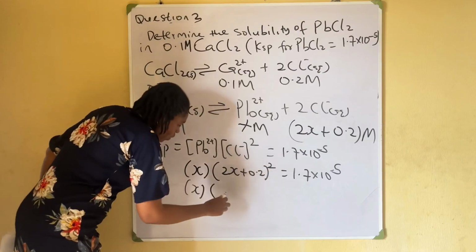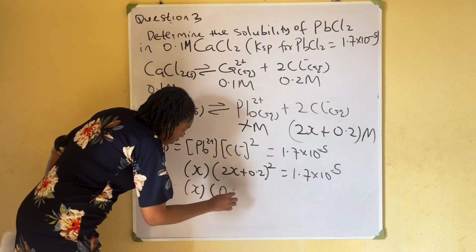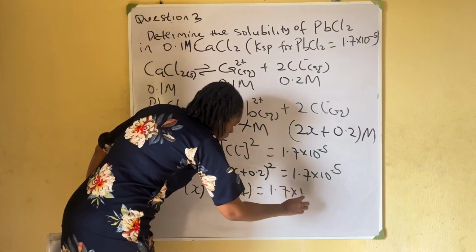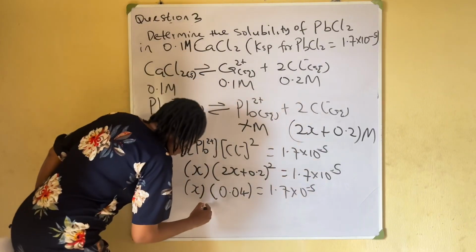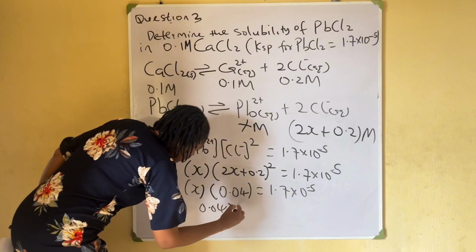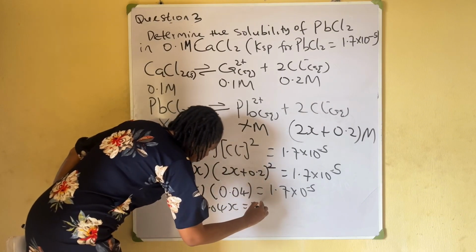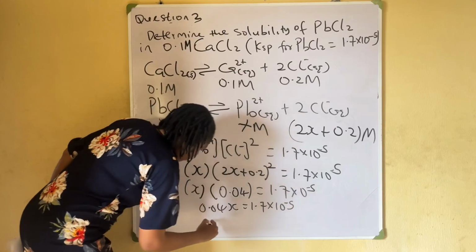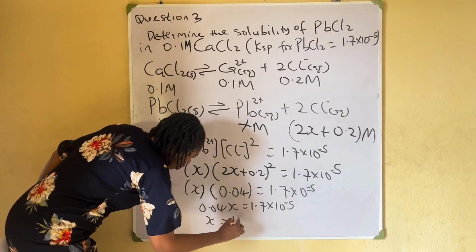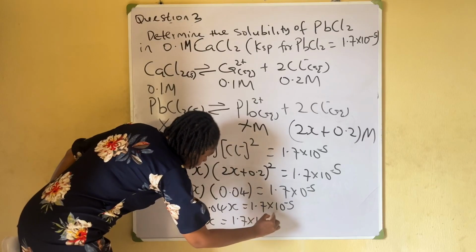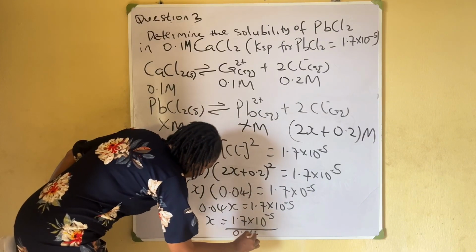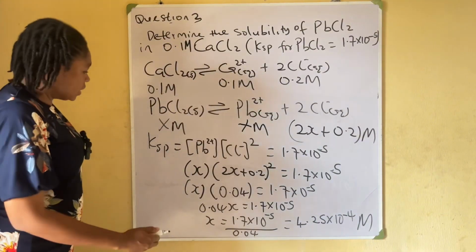So 0.2 squared is 0.04, so 0.04S equals 1.7 times 10 raised to the power minus 5. S equals 1.7 times 10 raised to the power minus 5 divided by 0.04. So that's the value for S.